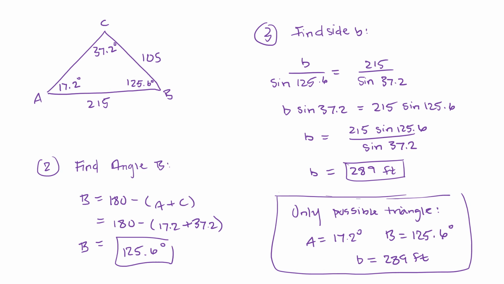Okay. So that contains all of the missing parts of triangle ABC that fit the given conditions. All right, that concludes section 7.2.